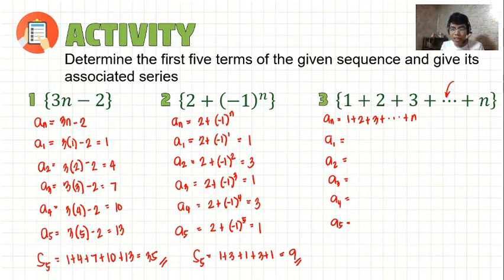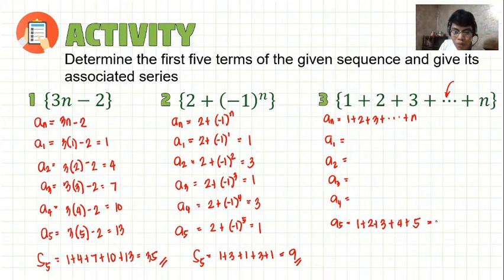Okay? Ang sinabi ko kanina, magsa-stop lang yung pag-a-add natin sa value ng n. So, for a sub 5 tayo, therefore, our n there is 5, right? So, in that case, for a sub 5, we have 1 plus 2 plus 3 until plus 5 tayo.